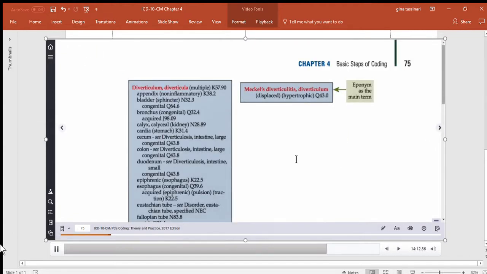This is an example of an eponym. An eponym is when a disease or a procedure has been named after a study or a doctor, because they are the one who did all the research to discover and determine the condition or the procedure.